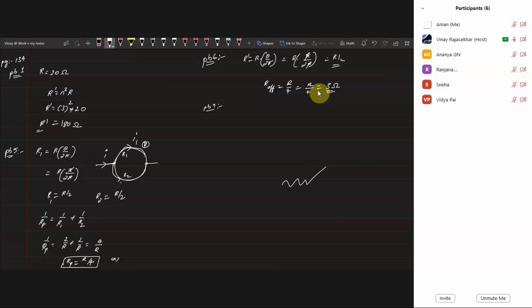Sigma 1, sigma 2 are the conductivities of the metals. Actually, I gave the same concept in terms of resistivity, but now they are asking about the conductivity. Please do it now. You people have to do this problem, you must do this problem.